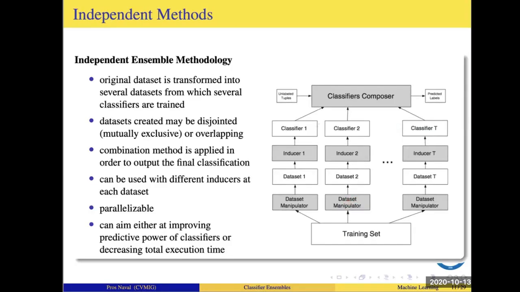You have actually removed that arrow there. So now this is independent and can proceed on its own independently of the others, meaning we can parallelize the process. And this can aim either at improving the predictive power of the entire classifier or decreasing execution time.